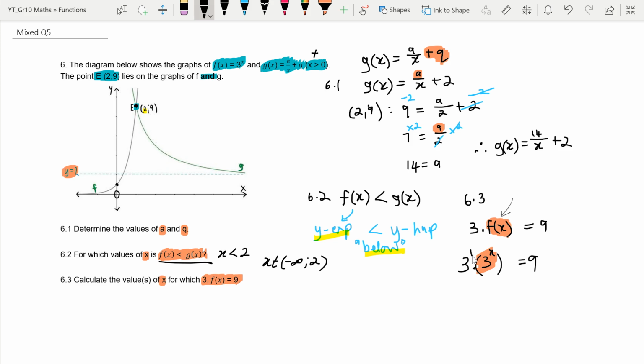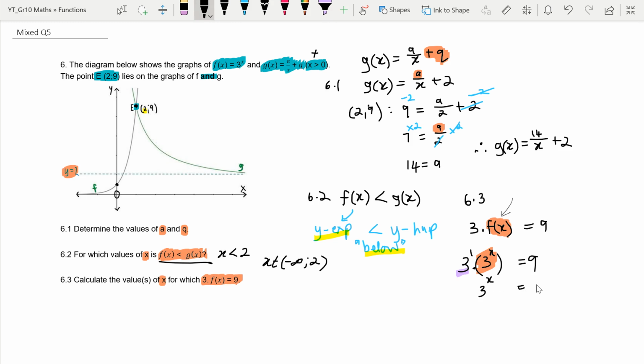This is now exponential equation knowledge. Not just one way that we can do that. Since we have a normal 3 on the left, and what do I mean by normal 3? I just mean that that 3 doesn't have an exponent like a 2 or an x or whatever. It's just a normal 3. So that means we would be able to divide both sides by 3.